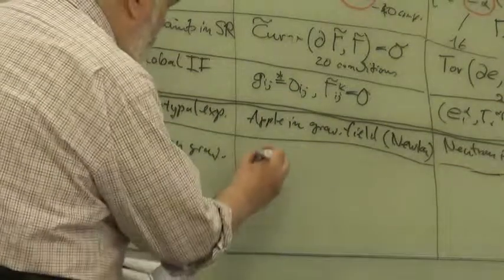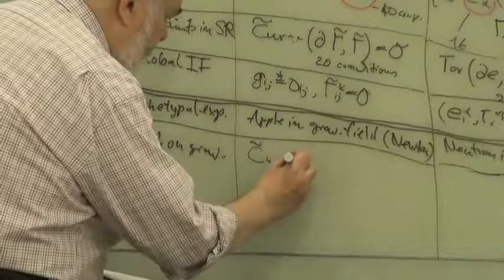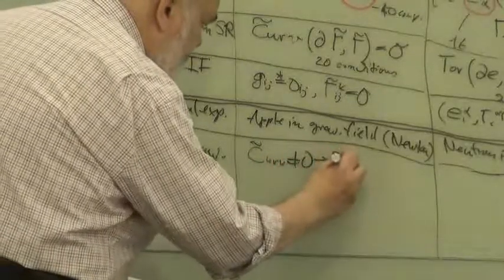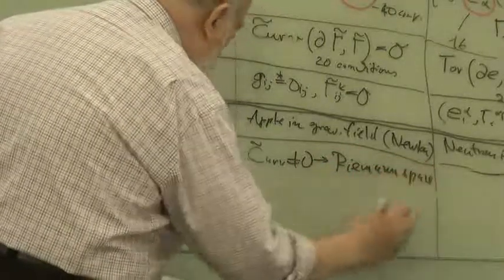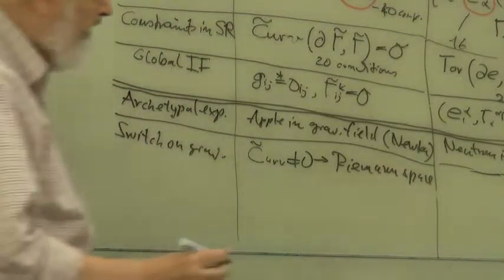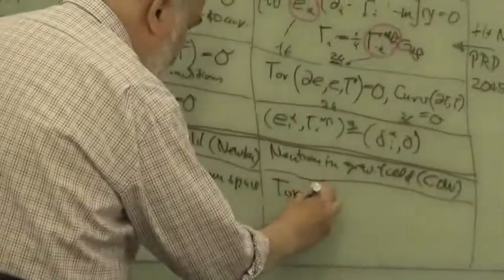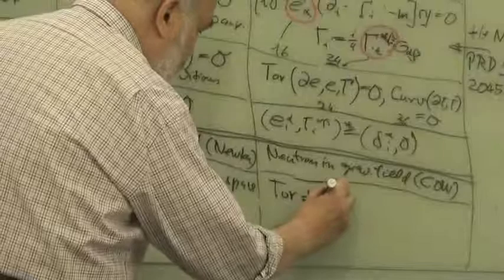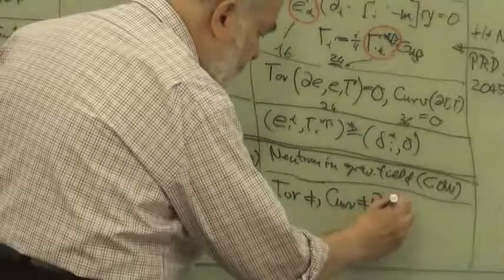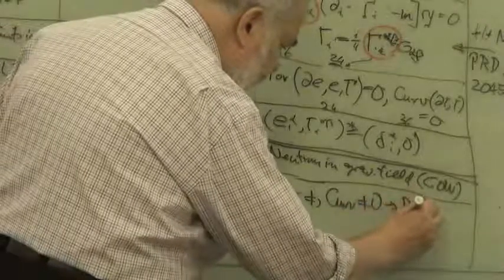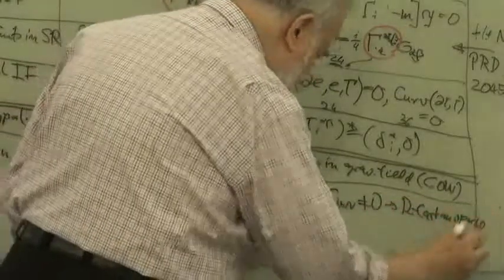So the Christoffel symbol is unequal to 0, and this gives a Riemann space. Okay, now Kibble switches on his gravitational field, and he gets torsion unequal to 0, and curvature unequal to 0, and this yields a Riemann-Cartan space, which we already studied to some extent.